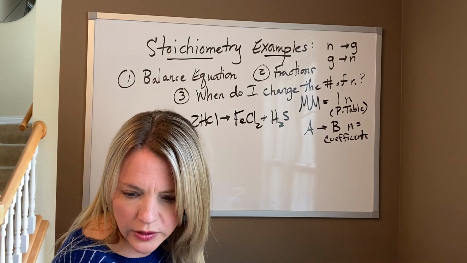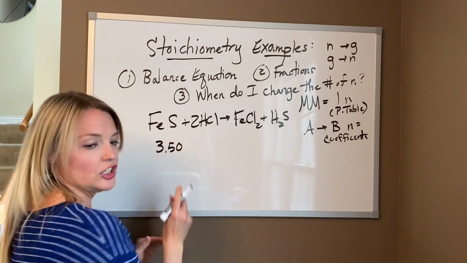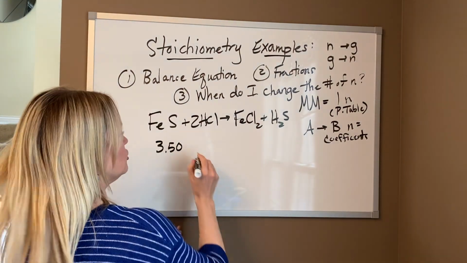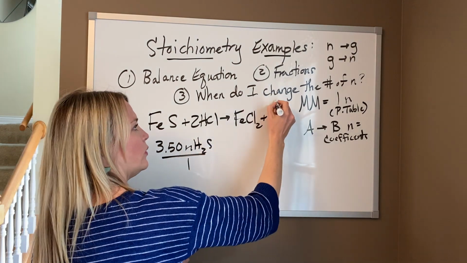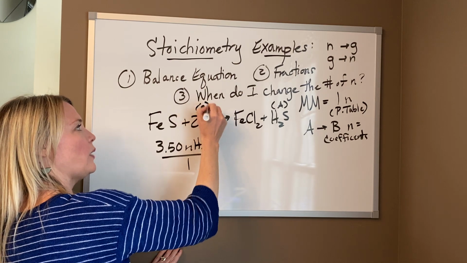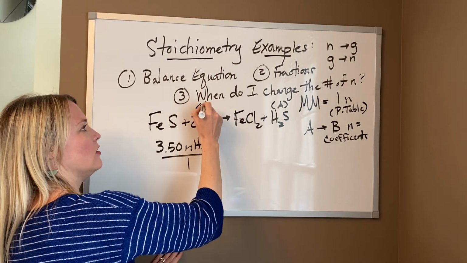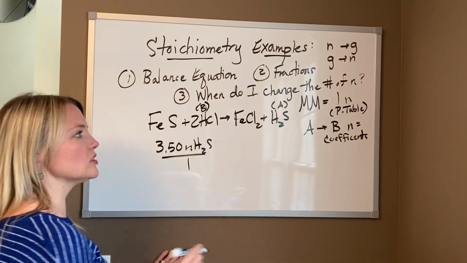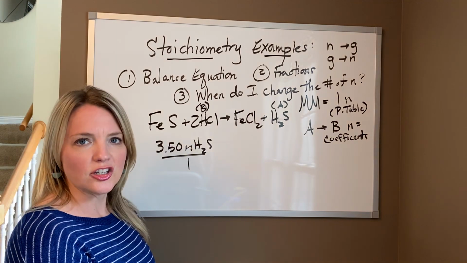So we are going to start with 3.50 moles of H2S. That is our substance A, and we are solving for grams of HCl, which will be our substance B. So it's still stoichiometry: I'm starting with H2S and ending in HCl.